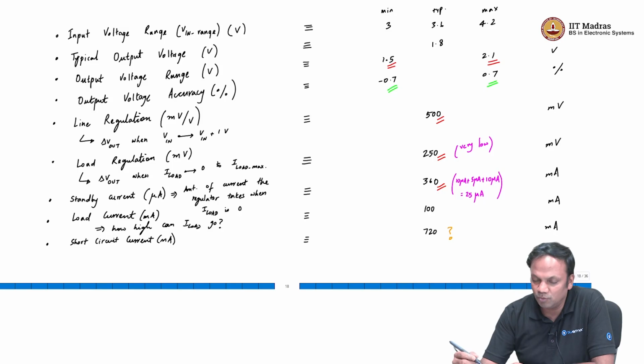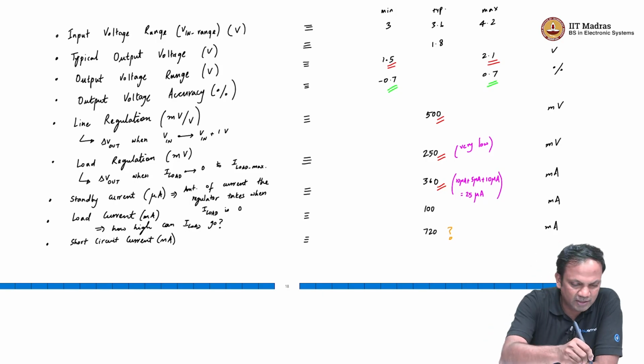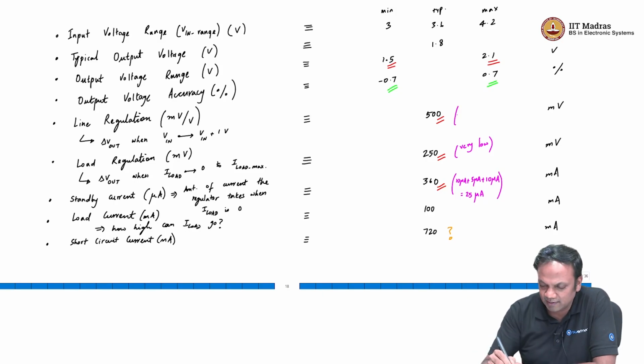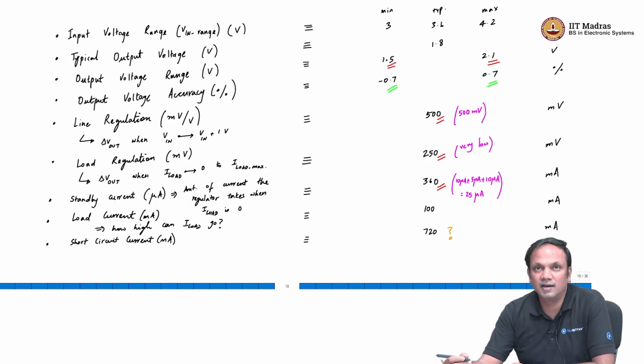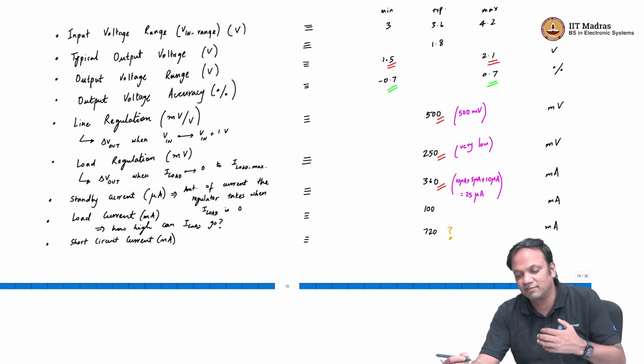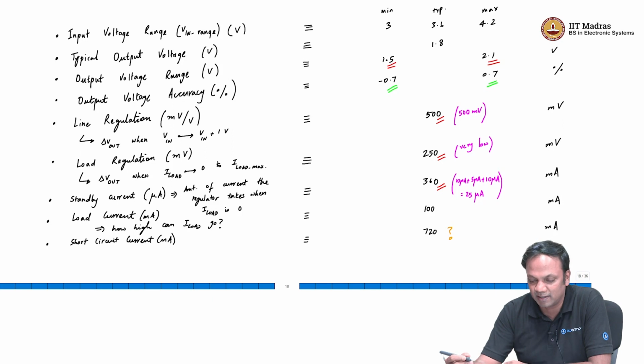And now, even though we have an amplifier driving the output, the line regulation continues to be at 500 millivolt, right. The line regulation really has not improved through our changes to the circuit, where we have now decoupled standby current from load regulation. The line regulation problem continues to persist.